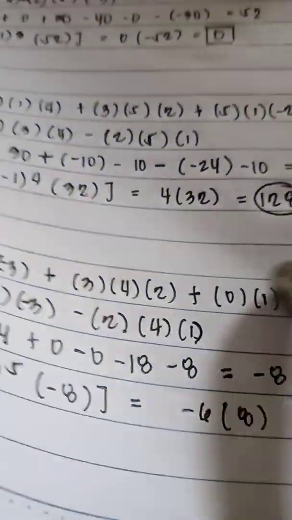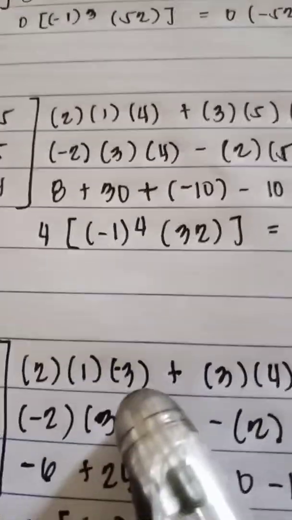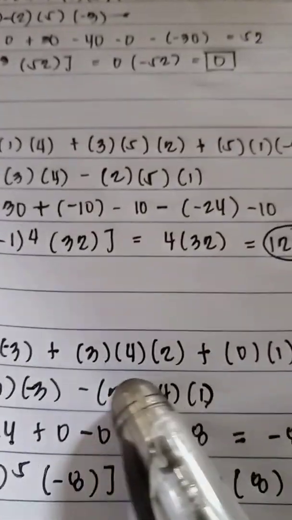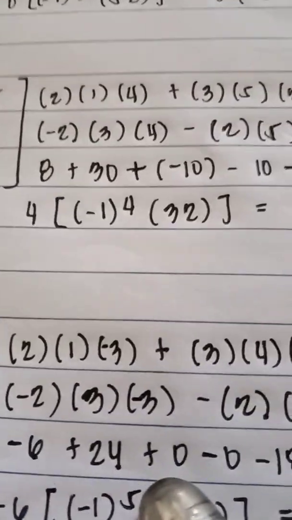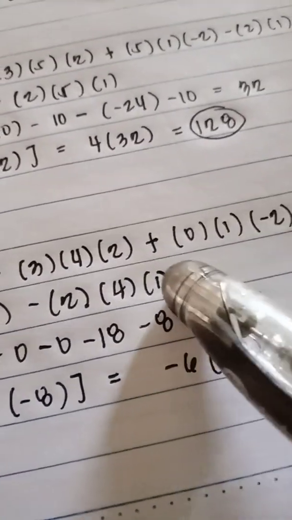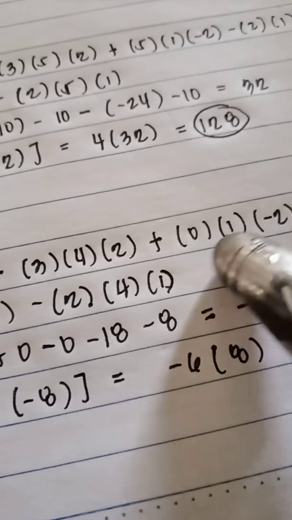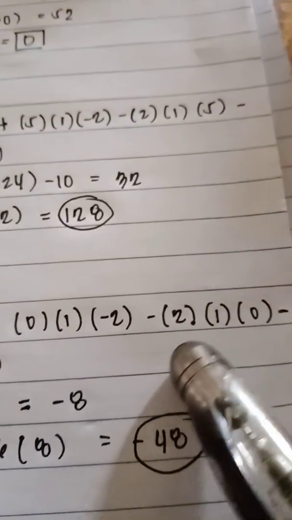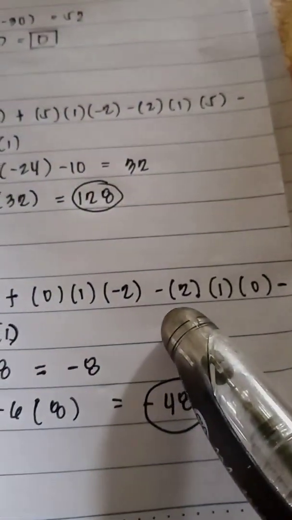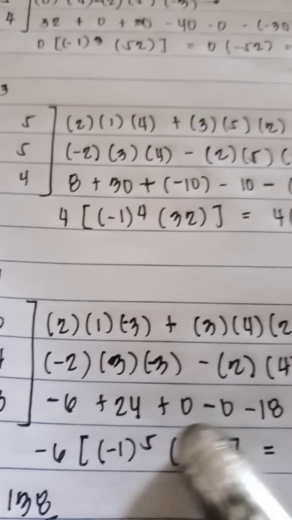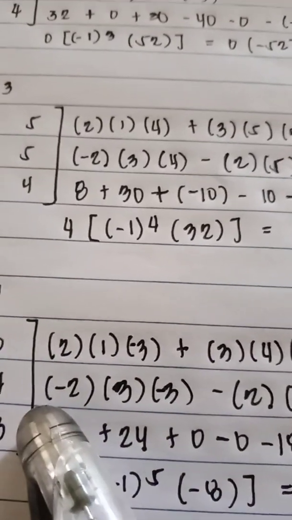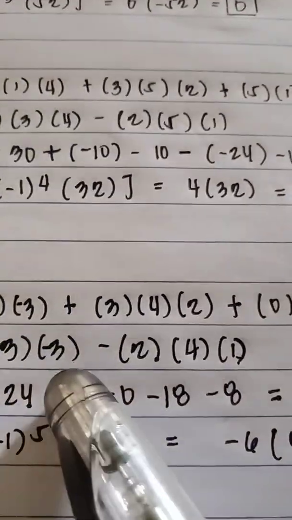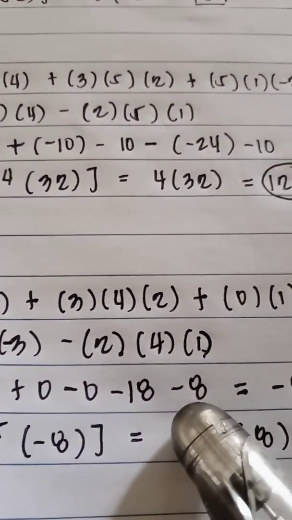So that is what I wrote. Now we will simplify it. 2 times 1 times negative 3 is equal to negative 6, plus 3 times 4 times 2 is equal to positive 24, plus 0 times 1 times negative 2 is equal to 0, minus 2 times 1 times 0 is equal to 0, minus negative 2 times 3 times negative 3 is equal to 18, minus 2 times 4 times 1 is equal to 8.